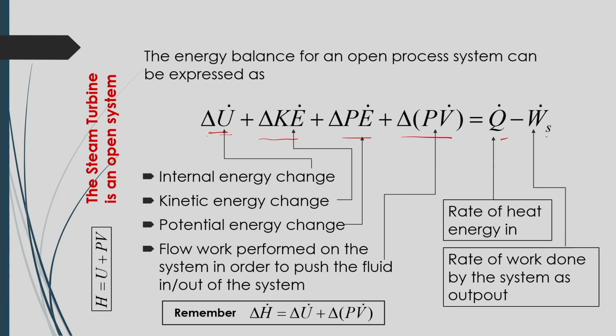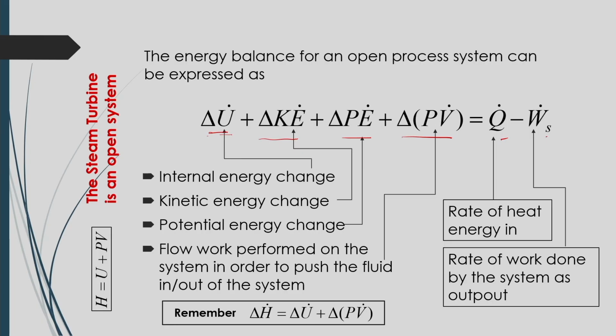In this case, delta U dot is the internal energy change, delta KE dot is the kinetic energy change, delta PE dot is the potential energy change, and delta PV is the flow work performed on the system in order to push the fluid in or out of the system. And here Q dot is the rate of heat energy in, and W s dot is the rate of work done by the system as output.